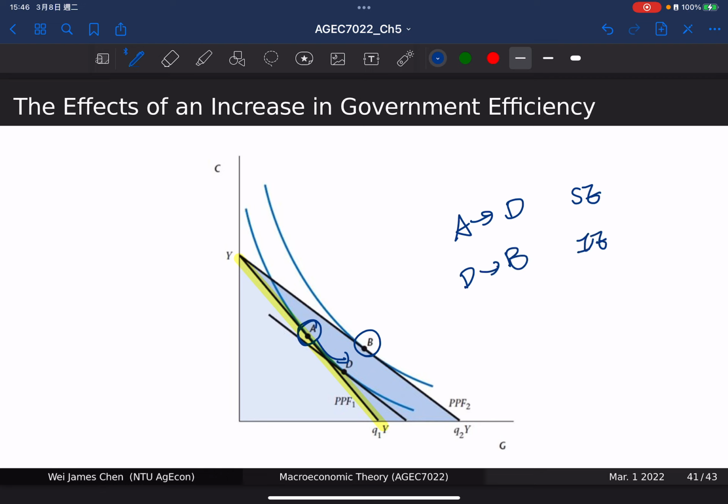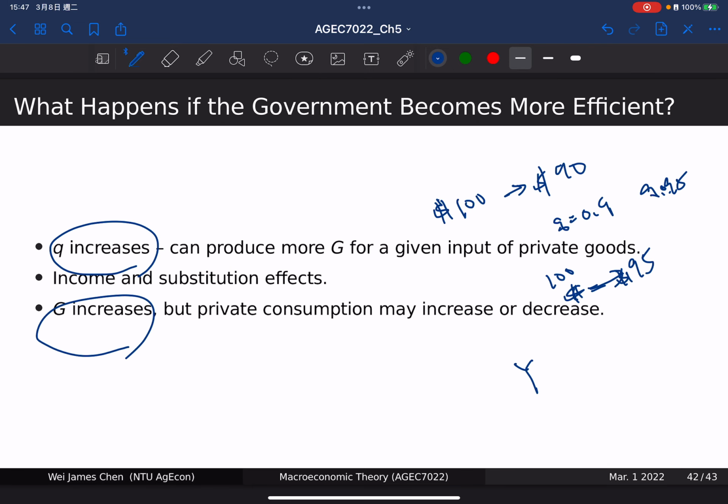So the income effect tells you C increase, G increase. But the substitution effect tells you increase G, but decrease C. So G must increase, but C is not sure. You're not sure about C. Okay, so G increases, but private consumption, that's C, may increase or decrease.